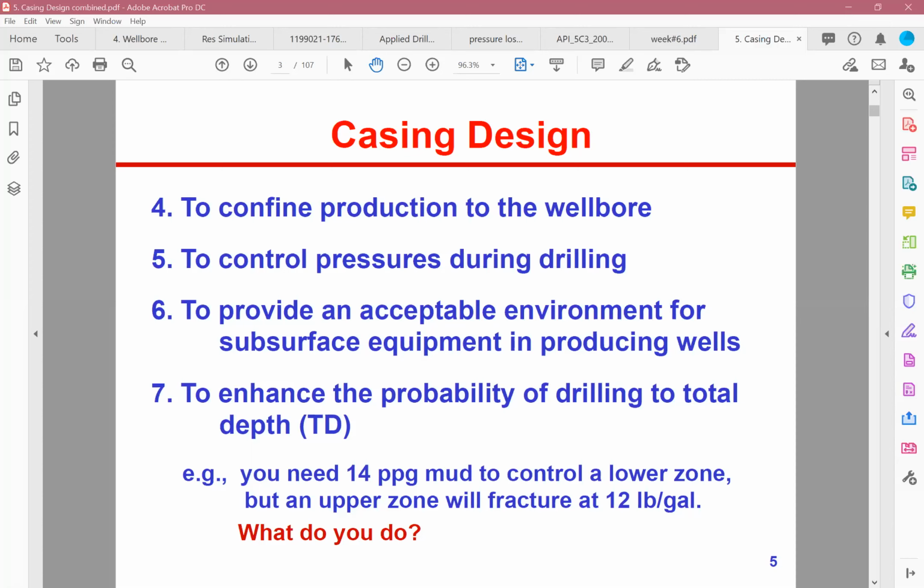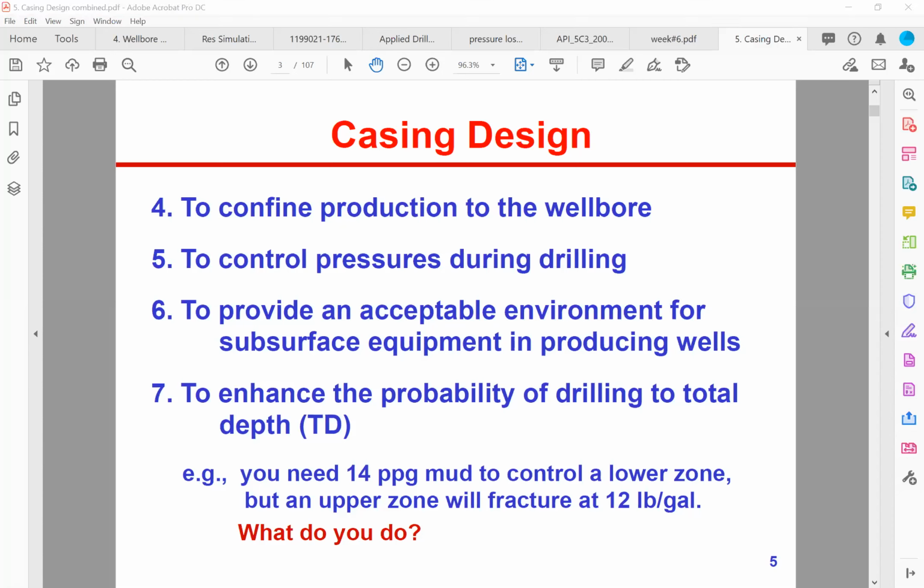Another thing that I forgot to mention is, as you drill down to higher depths, what type of mud do you need? Do you need a higher density mud or lower density as you go deeper? Any idea?